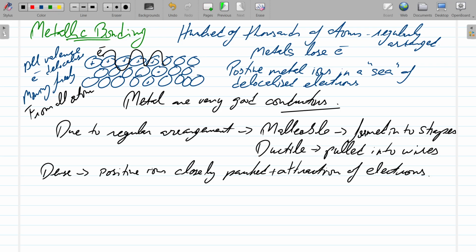Because of that, they're closely packed, and density is mass per unit volume. So you've got more atoms in less space. That increases the density. Because of the same reason, positive ions, negative electrons, they have high melting points and high boiling points, because the attraction within the metallic structure is strong. So you can see the same concept repeating.